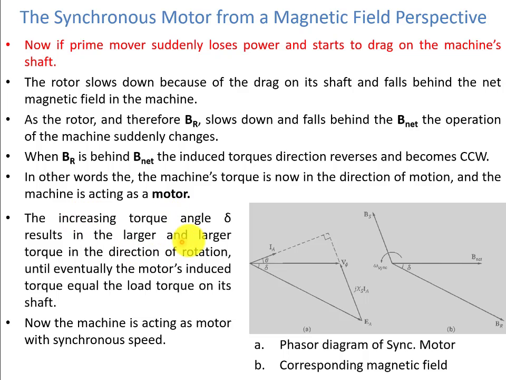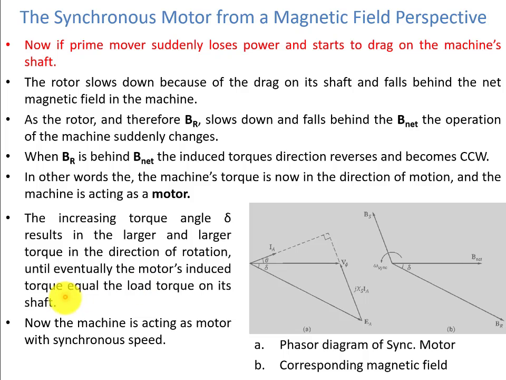So the increasing torque angle delta results in larger and larger torque in the direction of rotation. Obviously we know that the motor is used to carry a mechanical load. There is torque in the direction of rotation until eventually the motor's induced torque equals the load torque on its shaft. That is an important thing.